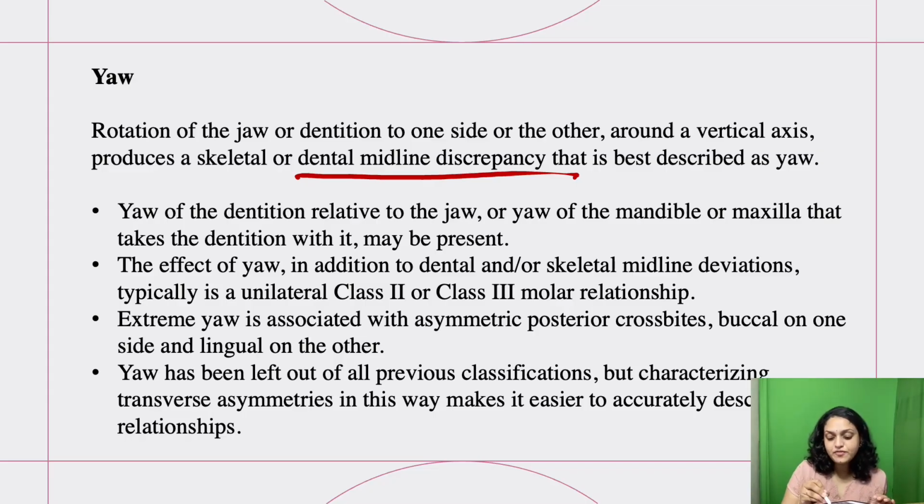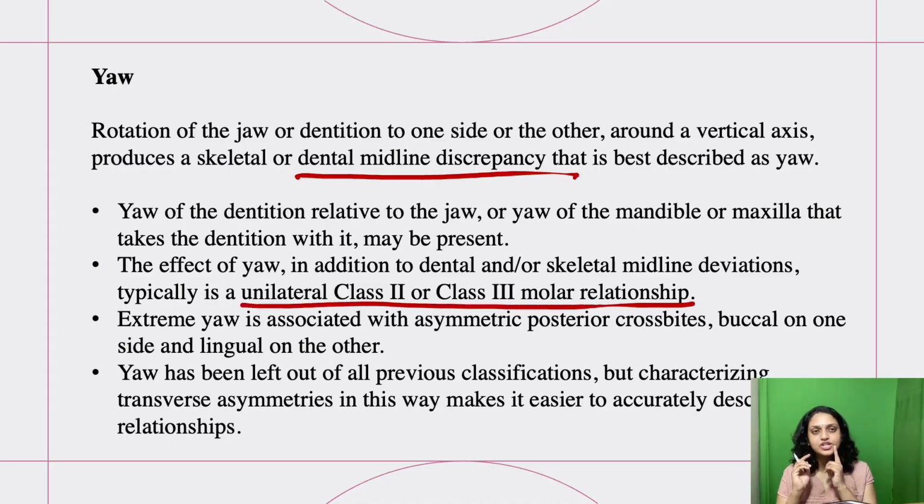Generally it shows up as a midline discrepancy and also as a subdivision malocclusion. Unilateral class 3 or class 2 molar relationship will be there, because one arch will be rotated, so the molar relationship will be changed. This midline discrepancy or rotation of the jaw has not been included in any type of classification of malocclusion. Only Ackermann Proffit has this type of subdivision.